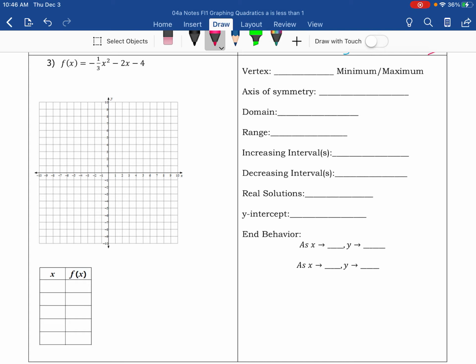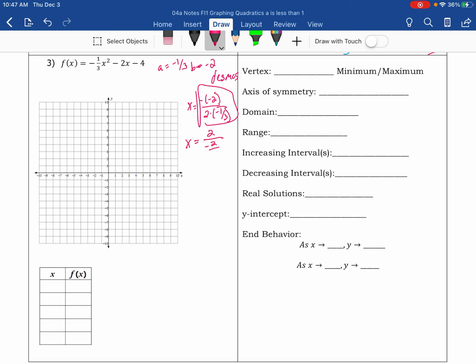This one is just a little bit more challenging. So for this, I know that A is going to be negative 1/3, B is negative 2. So when I find my vertex, it's going to be x equals negative b over 2 times negative 1/3. And again, Desmos will do this for you, so you can actually put this in your Desmos calculator.